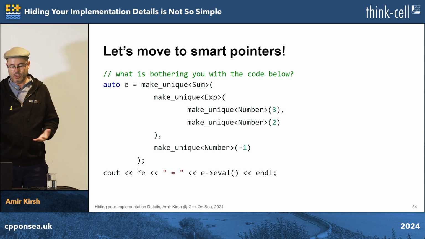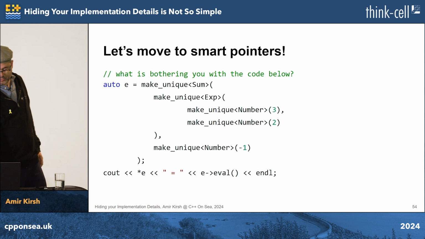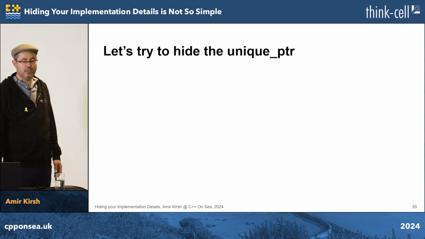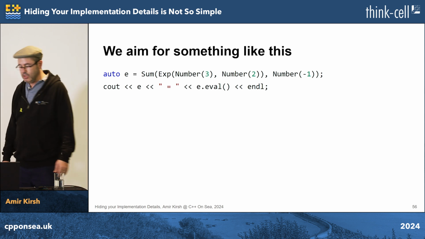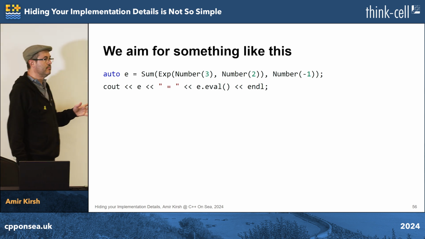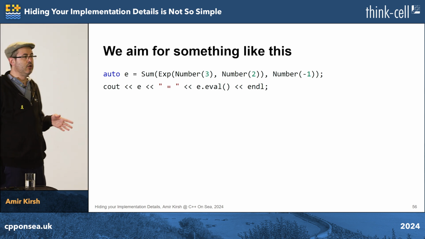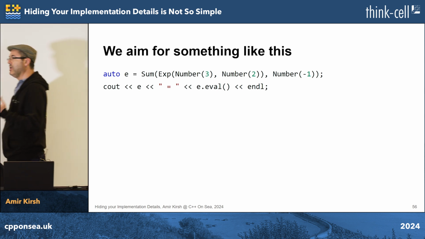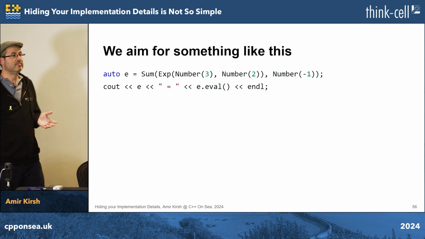I mean, the user in a way knows that the entire thing is working with unique pointers. A much better approach would be to hide both the hierarchy and the need to use unique pointers, which would look something like that. I mean, call something which would eventually be a factory method, or a constructor that creates our value, and our value is sent to another constructor and then moved into a unique pointer.